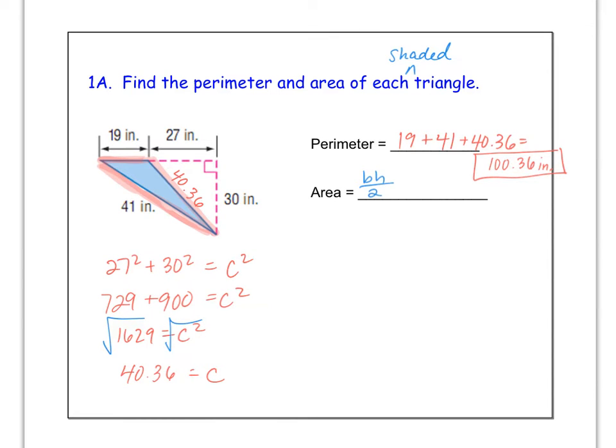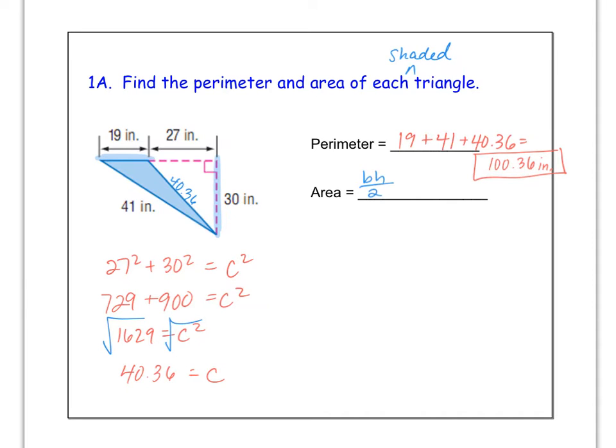The base and the height on this one are a little tricky to find. They have to be perpendicular to each other. So imagine the 2 parts of the triangle that would be perpendicular to each other. So it's kind of strange, but it's going to be this 19 right here is the base, and this 30 is the height.